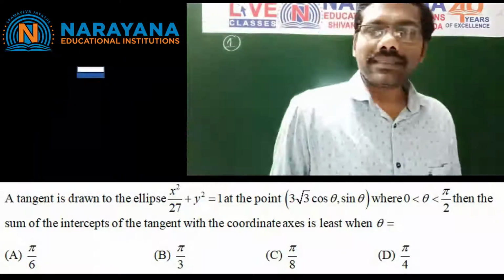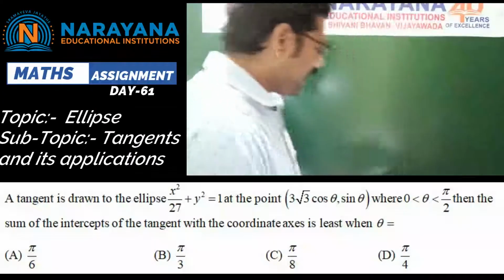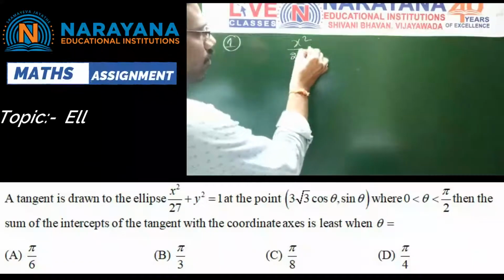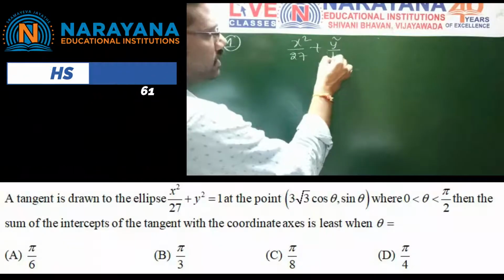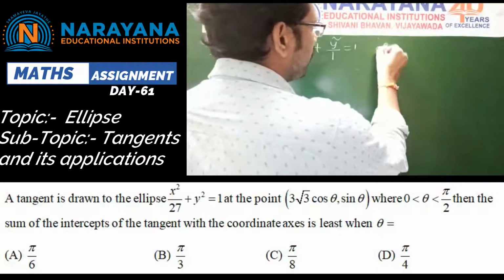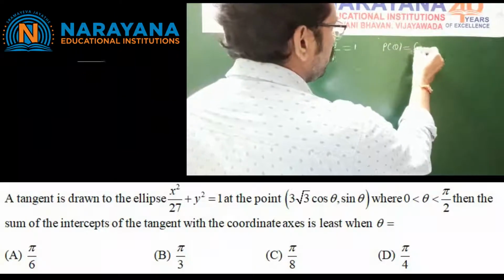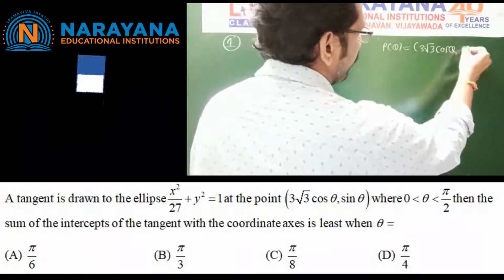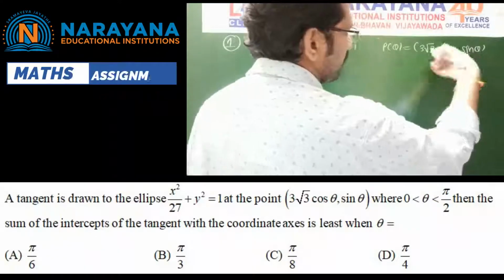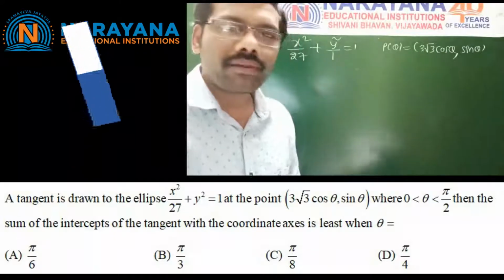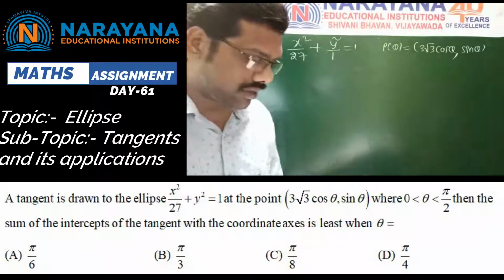A tangent is drawn to the ellipse x square by 27 plus y square by 1 is equal to 1, at the point P of theta is equal to 3 root 3 cos theta comma sin theta, where theta lies in the first quadrant.